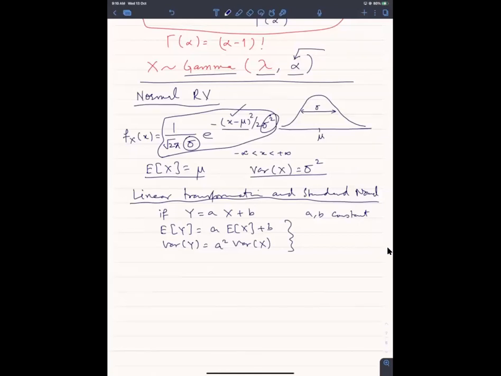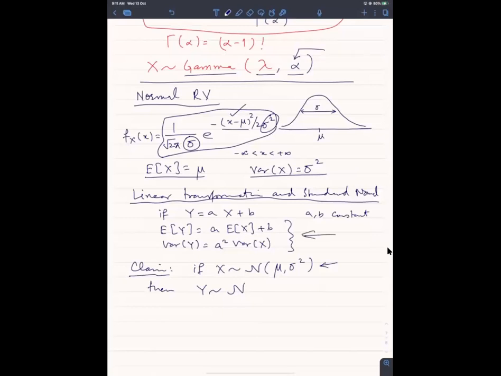Now, can we say something about the density function of y? So the claim is, if x is normal with mean mu and variance sigma square, this is the notation, then y will also be normal.